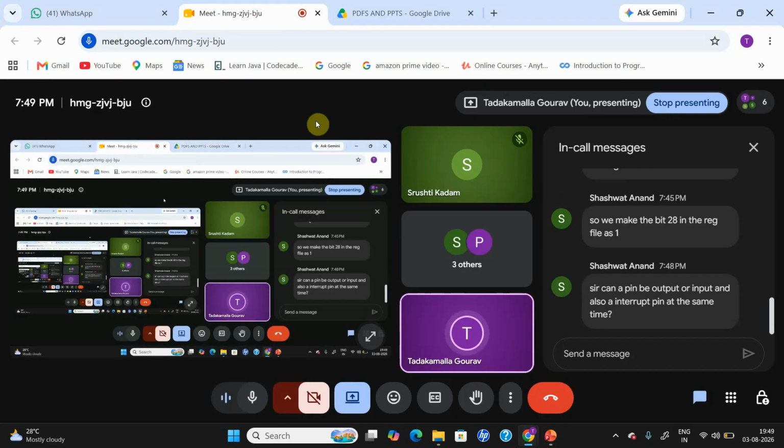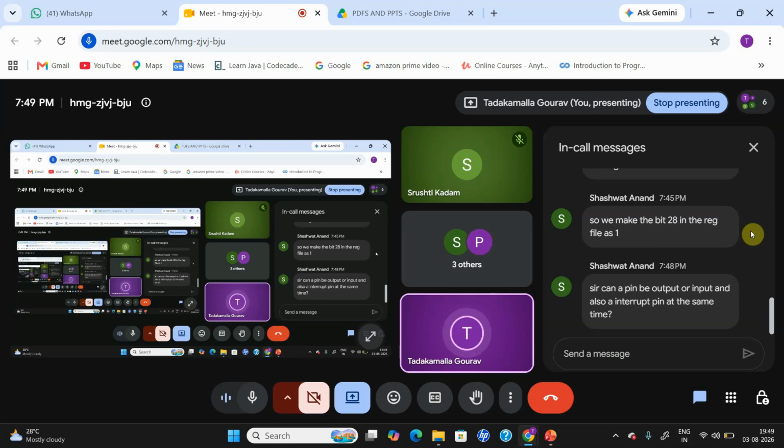Can a pin be output or input and also an interrupt pin at the same time? Very good question. A pin can be an output or an input; it should act as either one.